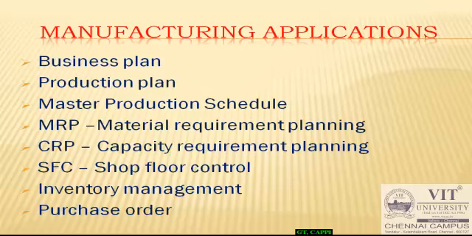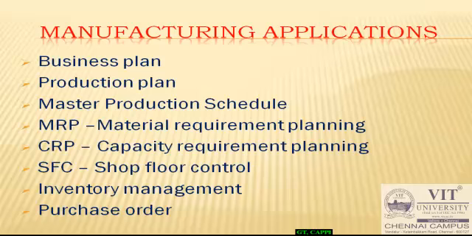Finally, you have to manage the inventory that is available: resources, raw materials, and also the machines and tools, and how you can utilize the machines fully. So that is inventory management. Finally, according to the detailed schedule, you have to start the purchase order.